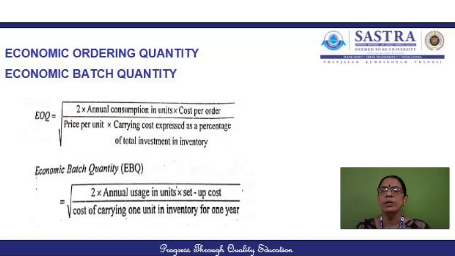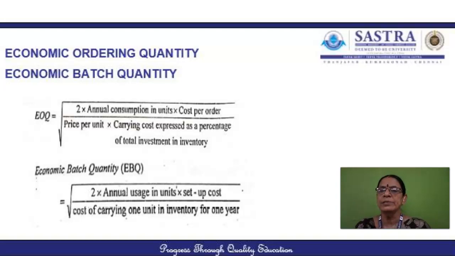When you see, the ordering cost decreases as the number of orders decreases. When the number of orders decreases, the order size increases. As the order size increases, the carrying cost also increases. So I will put it in a nutshell again.